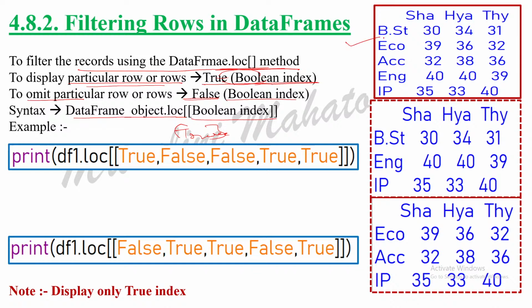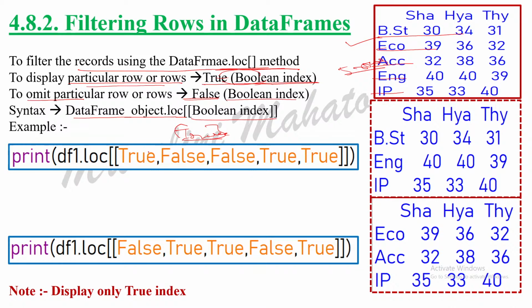How many records are there? First record, second, third, fourth, fifth, which means 5 rows are available. So 5 Boolean values are required. You have to set 5 Boolean values. If you write only one value, one True or one False, it will generate an error.